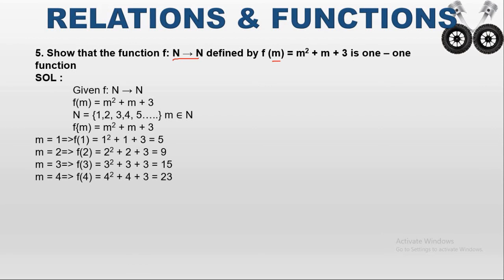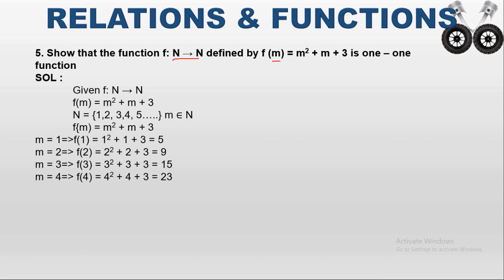So we have to say whether the function is a 1-to-1 function. So what is a 1-to-1 function? Distinct elements in N are mapped to distinct images in N, that is, x is mapped to f of x. So first we have to write what is given in the problem.